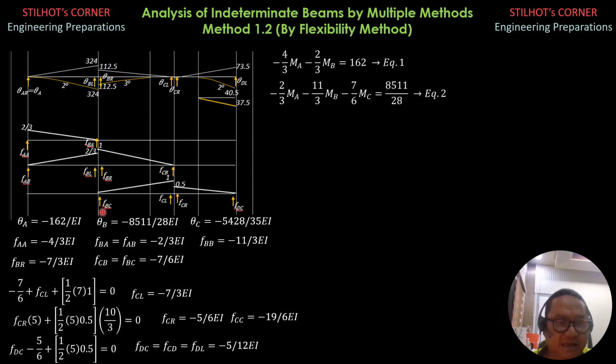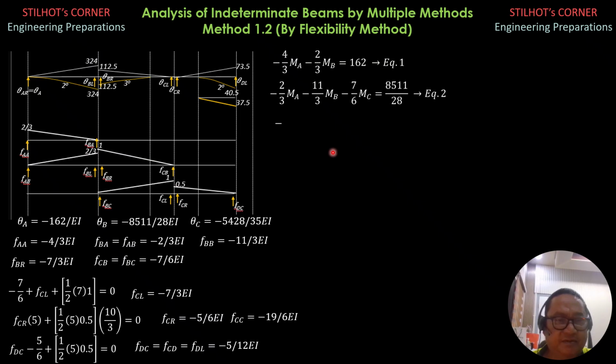Then finally, compatibility equation at C, we have FBC MB plus FCC MC plus theta C equals 0.